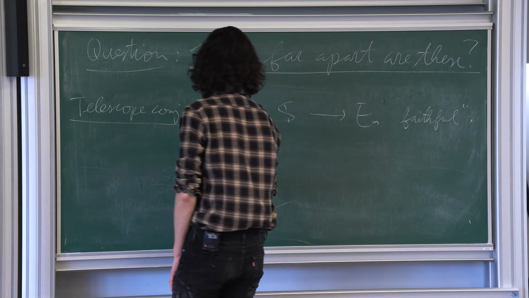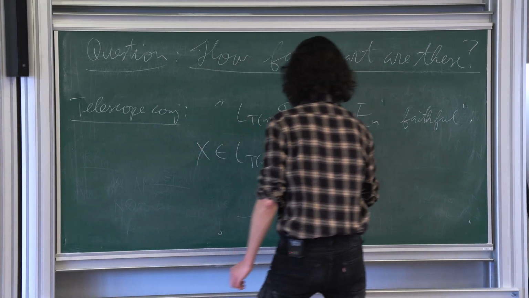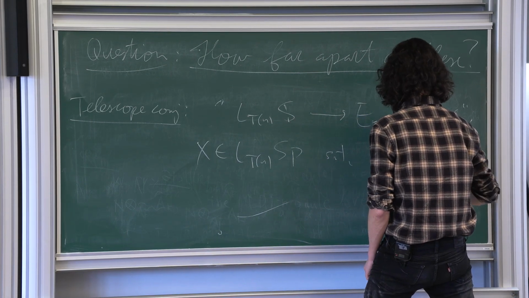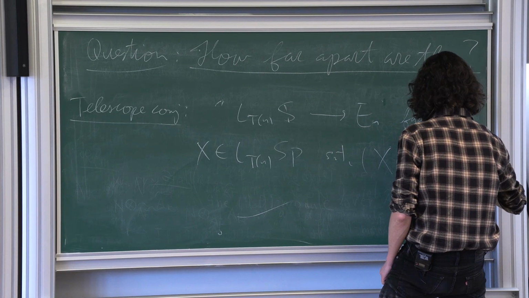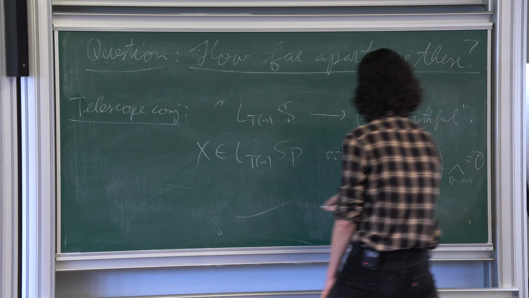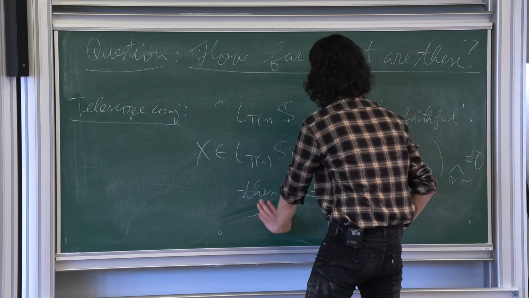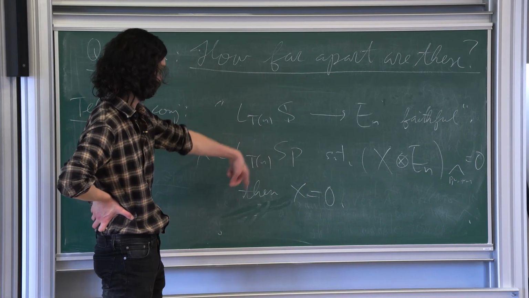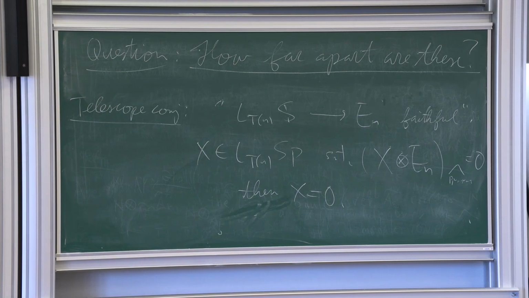So if X is a T_n-local spectrum such that X tensor E_n, and maybe you want to recomplete at (p, v_1, ..., v_{n-1}), is equal to 0, then X is equal to 0. So if you take a module over this guy in this complete sense, and then base change it here, it becomes 0, then it was already 0.